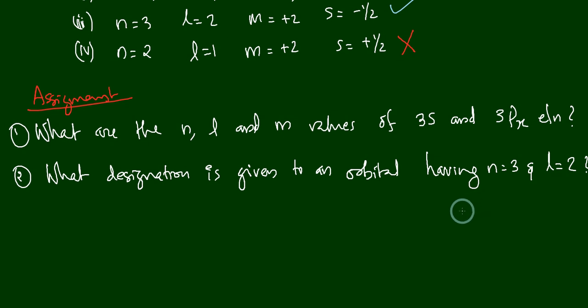Here, instead of orbital you can write shell, given to a subshell. What designation is given to a subshell having n is equal to 3 and l is equal to 2.